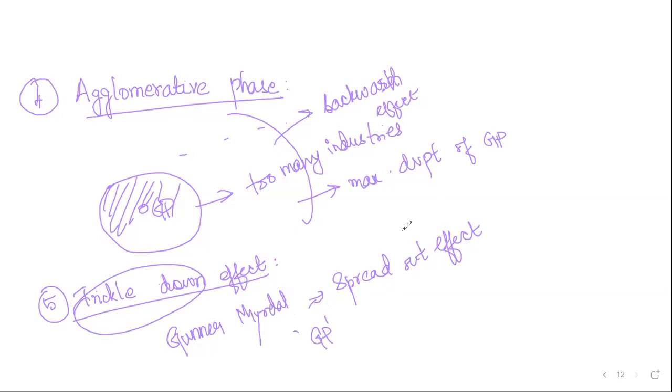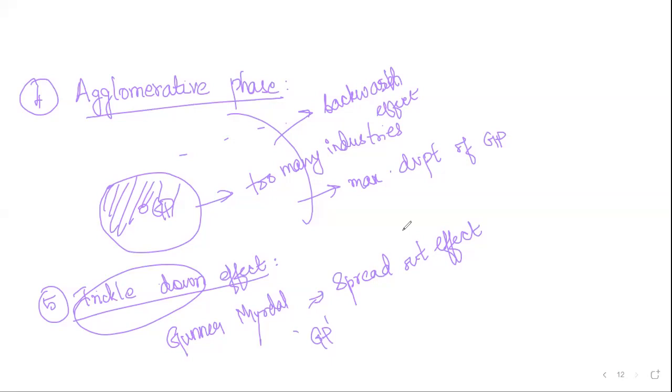Gunnar Myrdal suggested the spread effect will happen here. Trickle down: the benefits accumulated by the growth pole will slowly trickle down to the other desertified regions. This stage is marked by dispersal of industries.